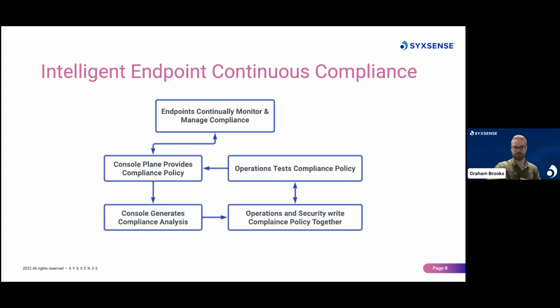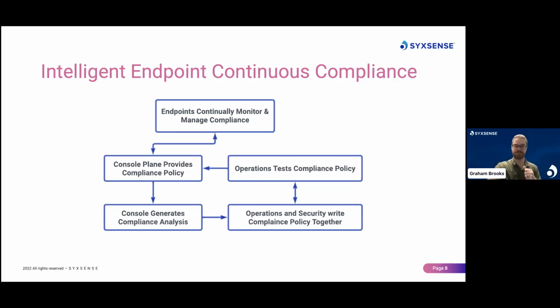Then the console or control plane generates an analysis of the enforcement issues discovered by the endpoints themselves. This analysis is then reviewed by the operations and security teams together. No more throwing problems across the wall to the other side of the fence. We all sit down at the table together and figure out the solution as a unified team.